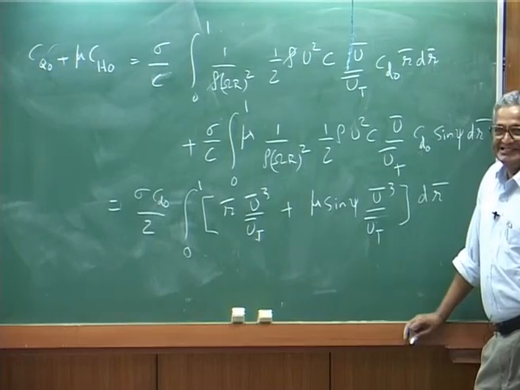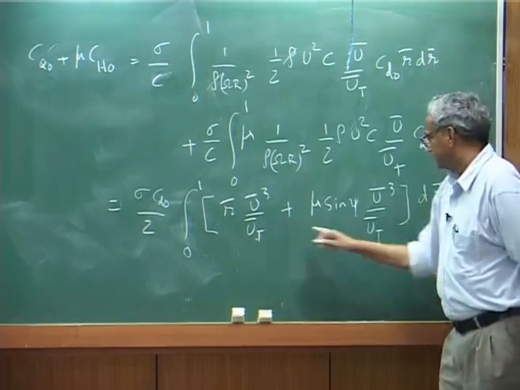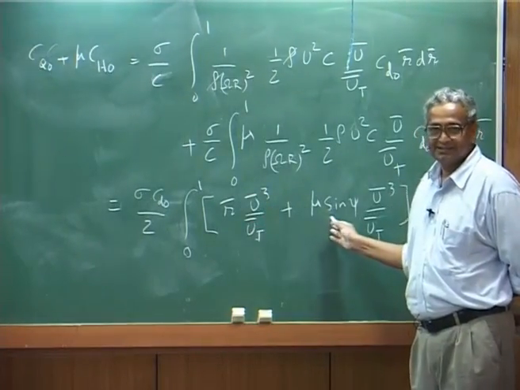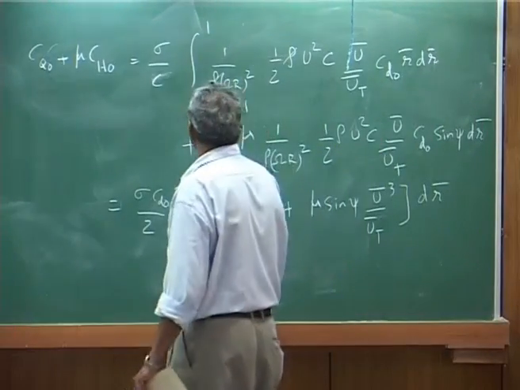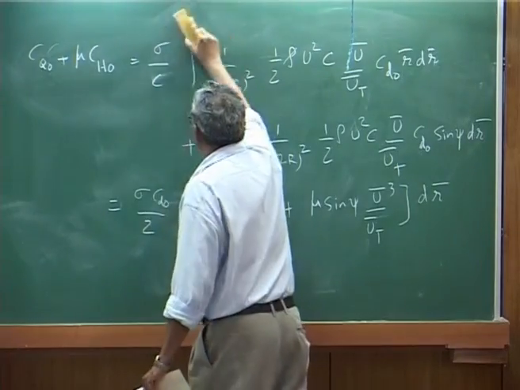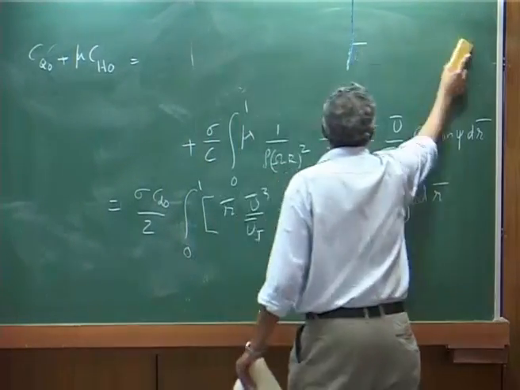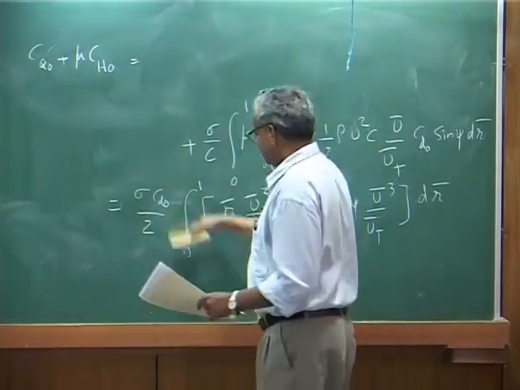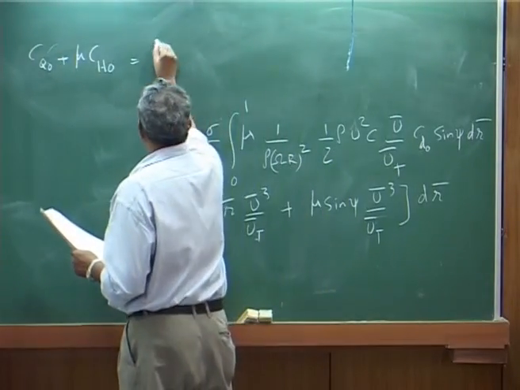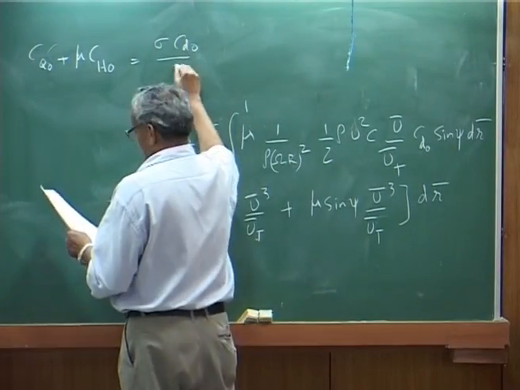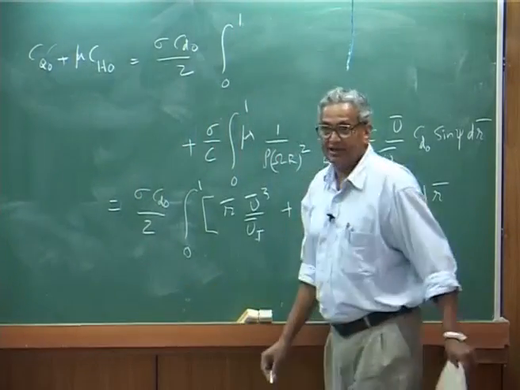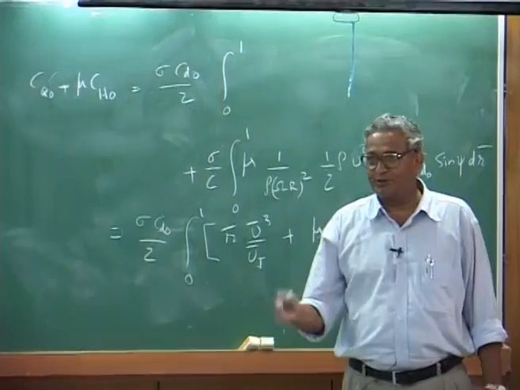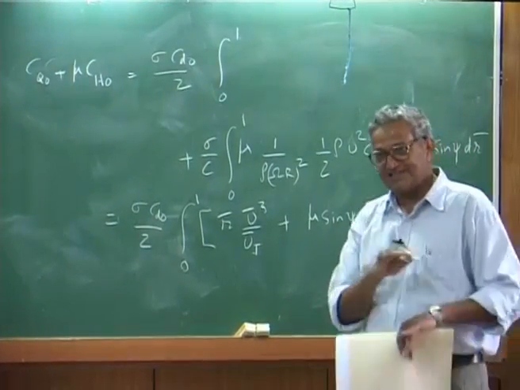All right. Now, you know that is U bar cube only. So, this entire term will become, I erase completely here and write it as sigma C_d0 over 2, integral 0 to 1, U bar cube. Now, what is it that we are going to put for U bar? U bar is the resultant flow.